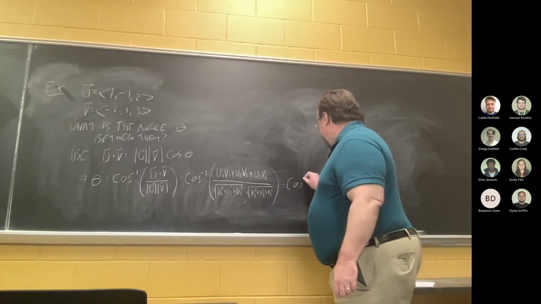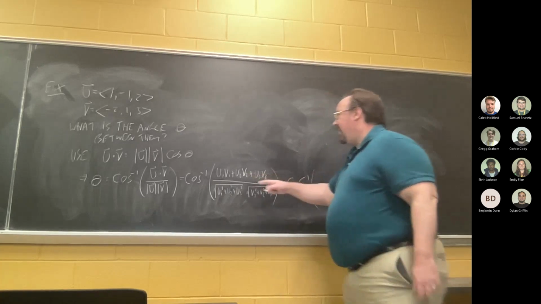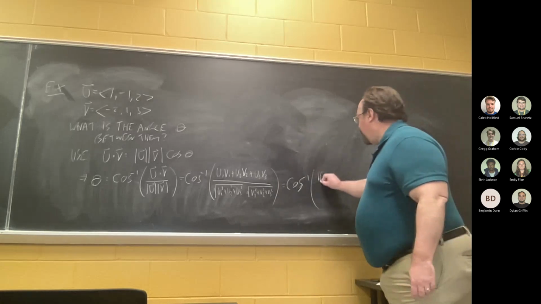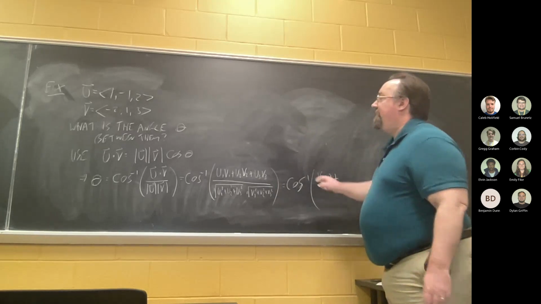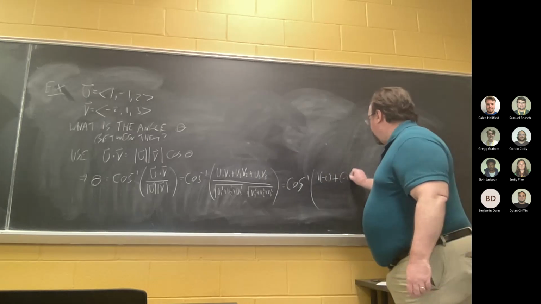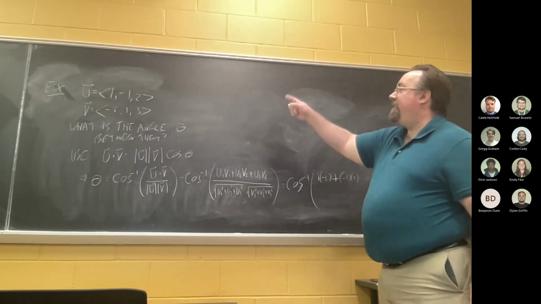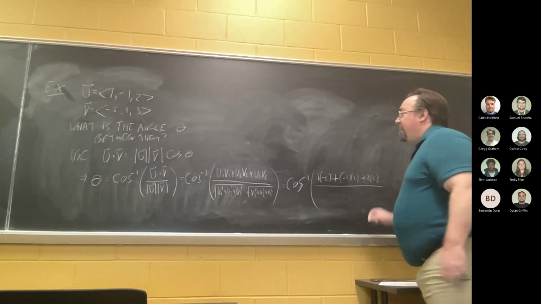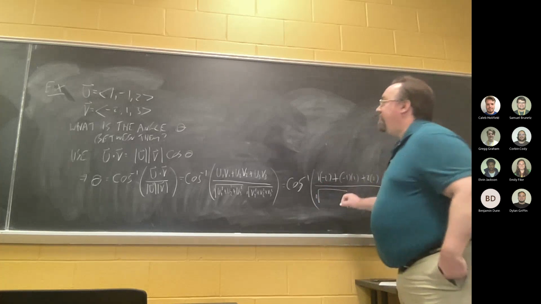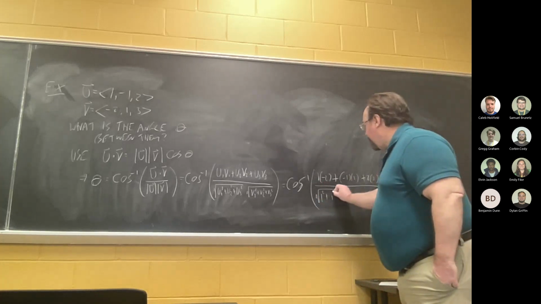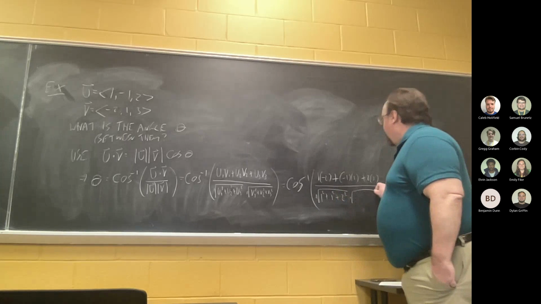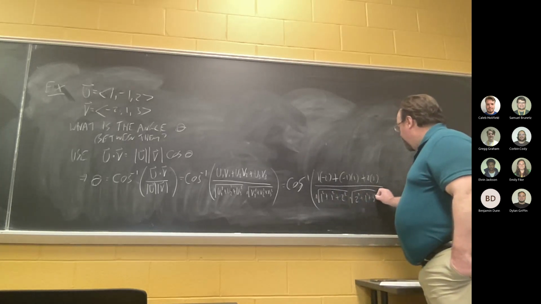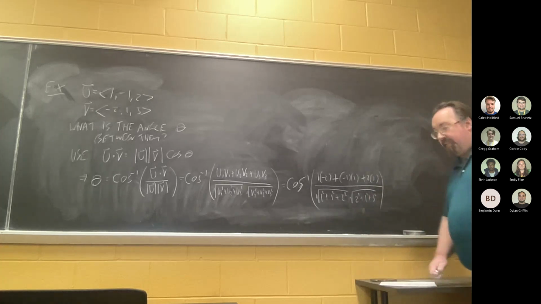So let's fill in all the things. First X components, so 1 times minus 2, plus Y components, minus 1 and 1, plus Z components, 2 times 3. Then we have the magnitude of U, so that's 1 squared plus 1 squared plus 2 squared. And for V, we have 2 squared plus 1 squared plus 3 squared.